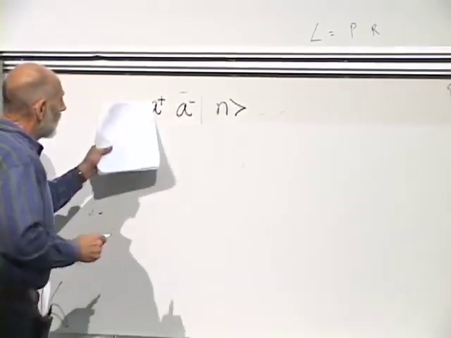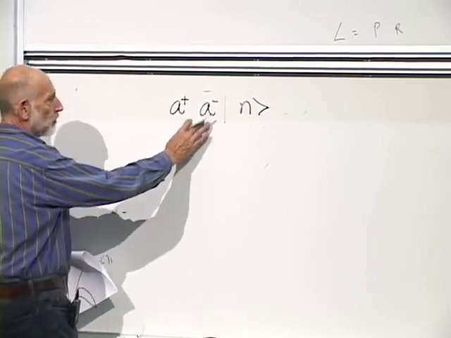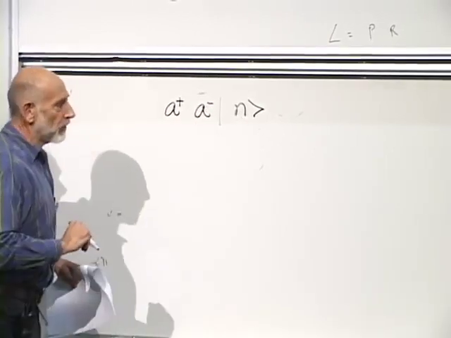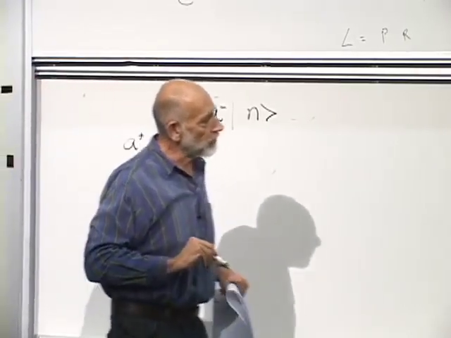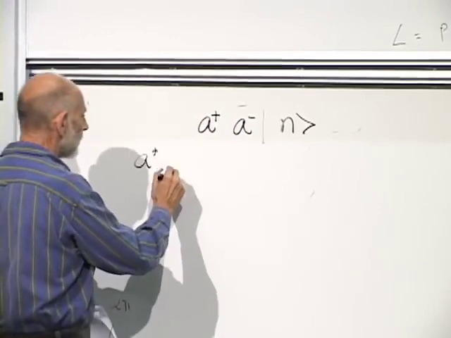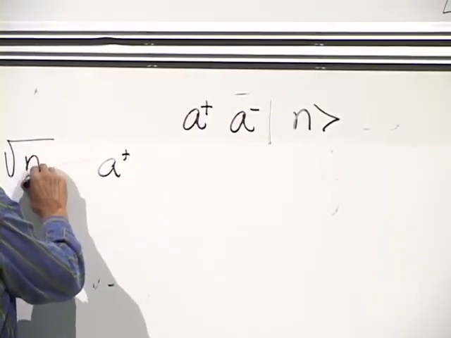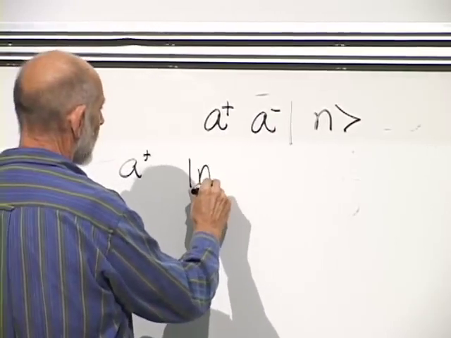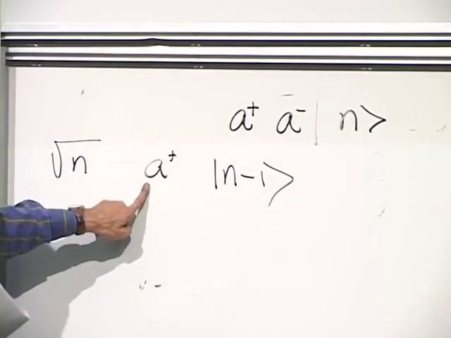Okay, so what is this equal to? Well, let's take it in pieces. Let's first multiply a minus by n. What does it give? A plus, and then a minus times n is what? Square root of n times n minus 1. So let's take that on the outside, and n minus 1. Now what happens if we hit it with a plus?